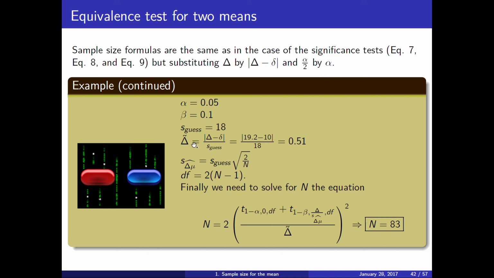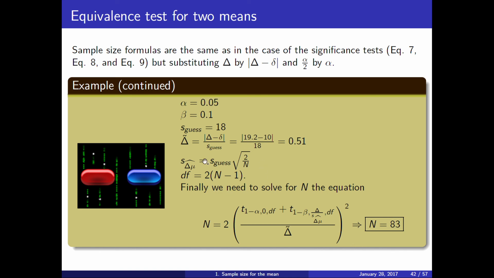So now the way to normalize would be this one: the change that we want to detect, the minimum detectable difference, divided by the standard deviation, so this is 0.5, and then all the rest is similar.